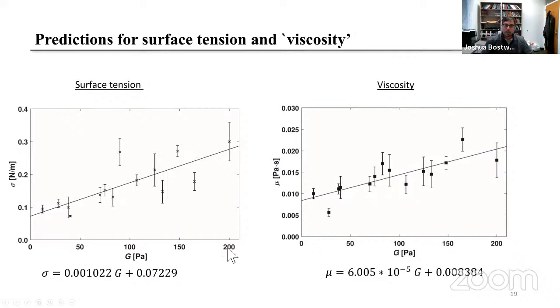A couple things you want to note: number one, the intercepts. At the intercept, the surface tension is precisely that of water, as we might expect, and the viscosity is similarly close to that of water as well. Note here that both the surface tension and viscosity tend to increase as we increase the shear modulus.